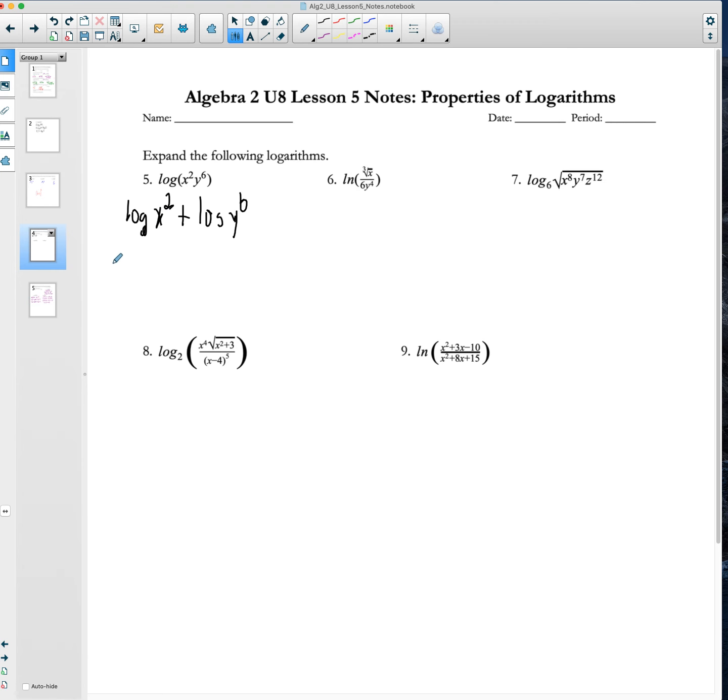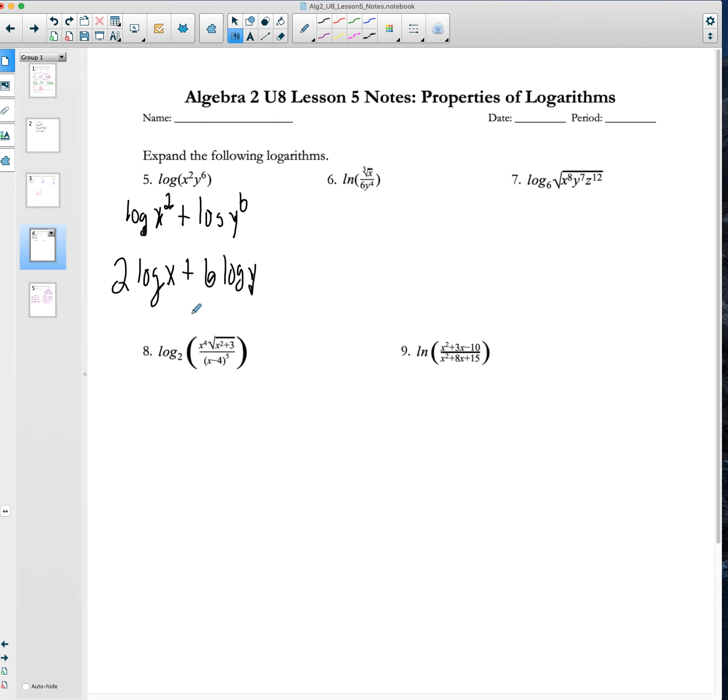So I can take the 2, move that power out front, and I'd have 2 log of x, plus, and then now I can move the power here. So I can take this 6 and move it out front, 6 log of y. I apologize because this is super slow here. And then that's our final answer.